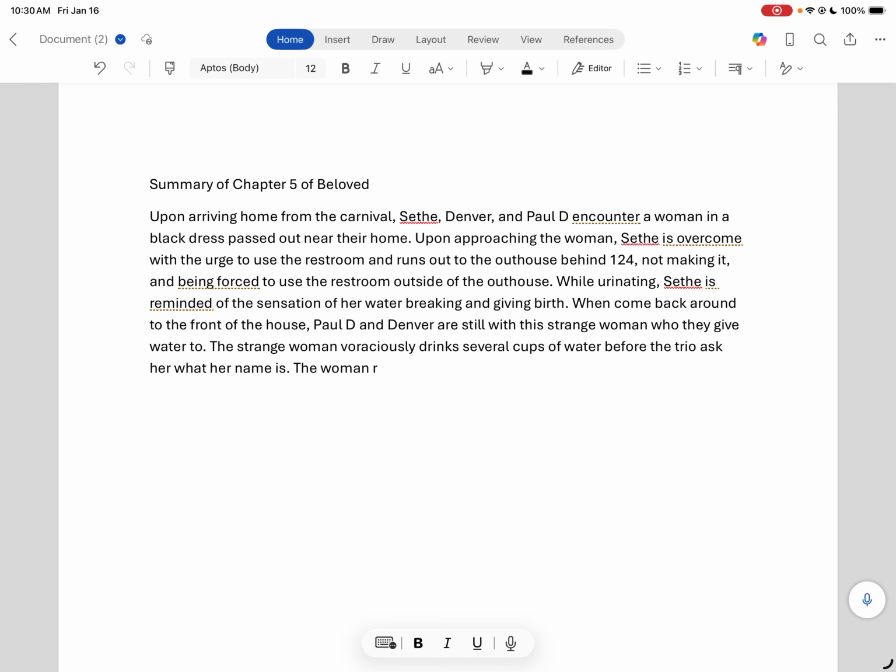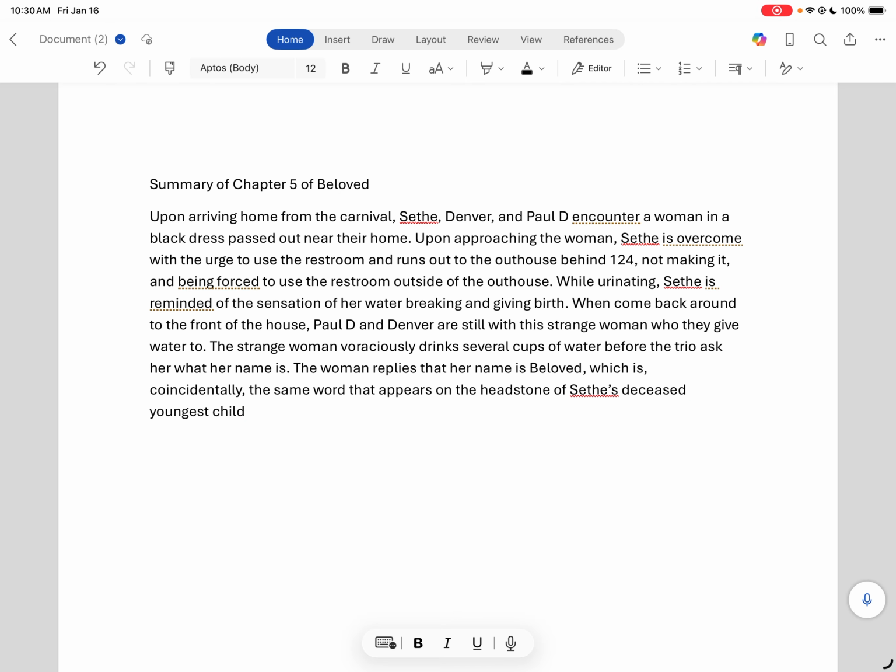The woman replies that her name is Beloved, which is coincidentally the same word that appears on the headstone of Sethe's deceased youngest daughter. It's a girl.